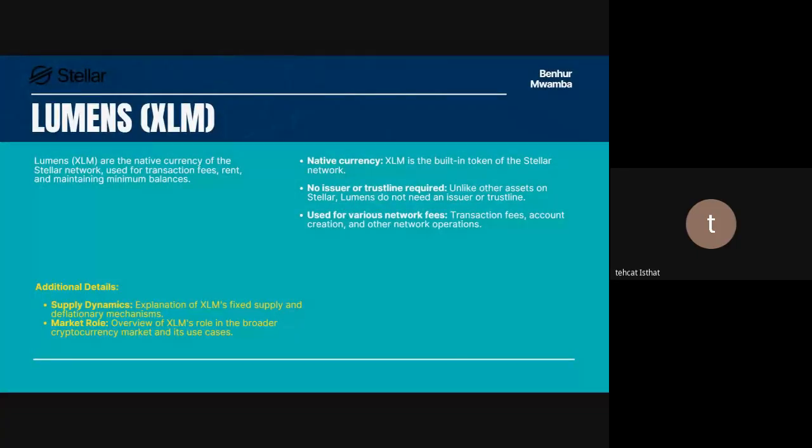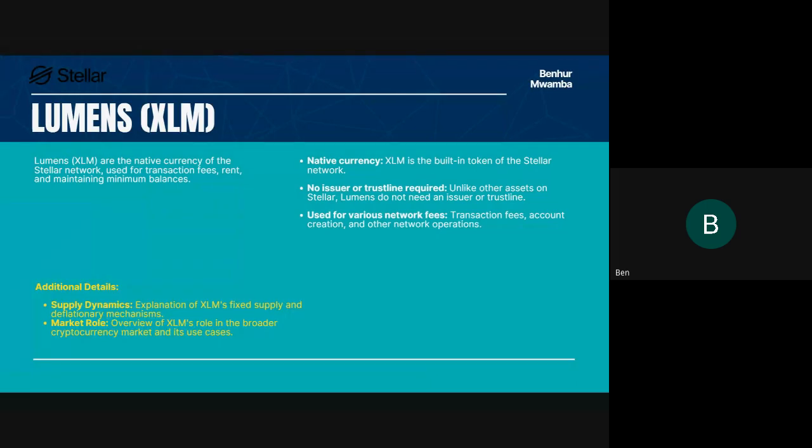All right. Another thing you have to know about is the fee structures. When you send a transaction or when you run a smart contract, you pay your transaction fees. Where do those fees go?